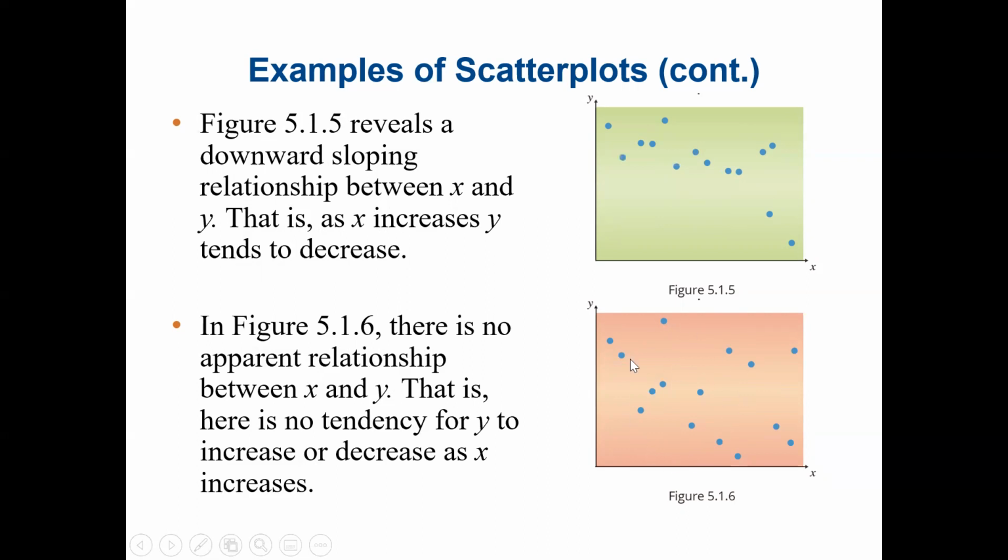So by looking at this, we will say that the R value will be close to 0. So here we say there's no apparent relationship between X and Y. So there is no tendency for Y to increase or decrease. So when there's no relationship, the R value, which is again the correlation coefficient, will be close to 0. Here we are going to get a negative value. We can see a decreasing relationship.